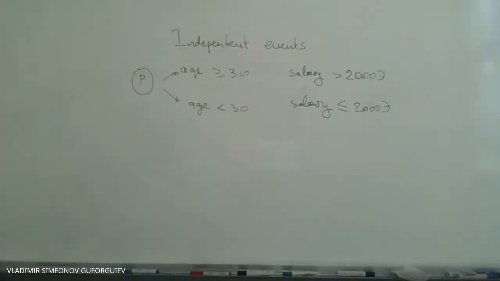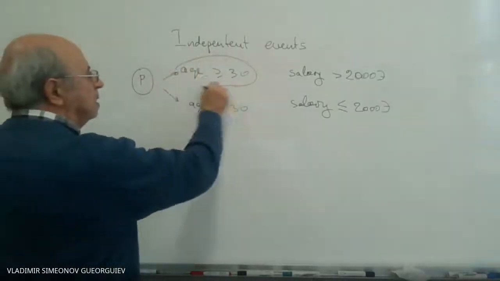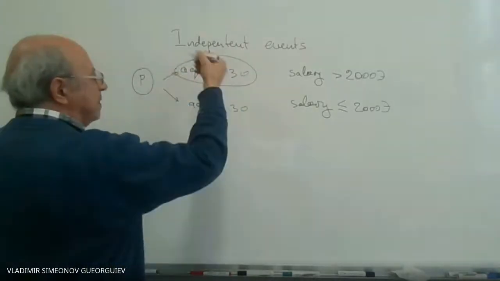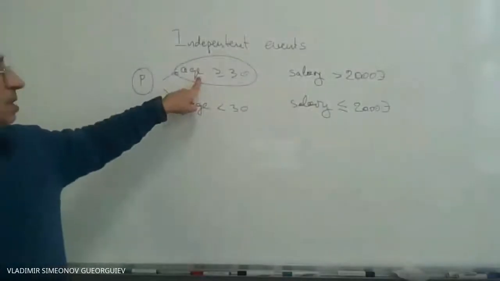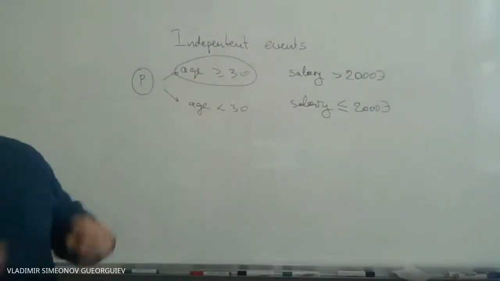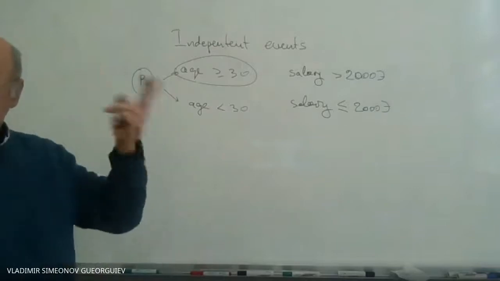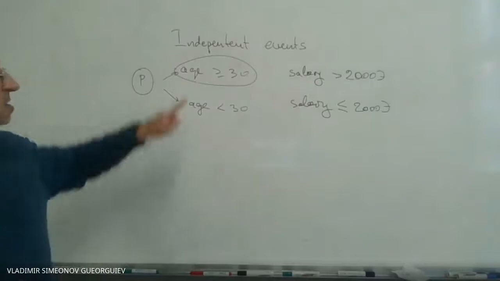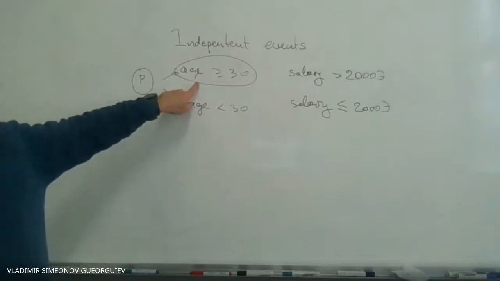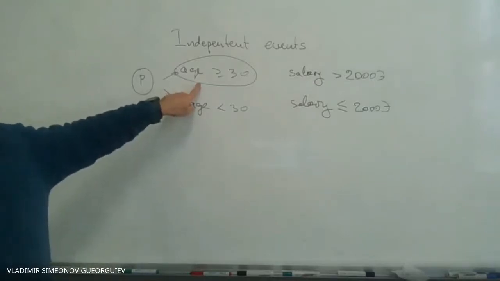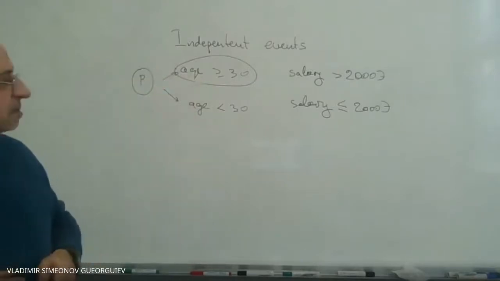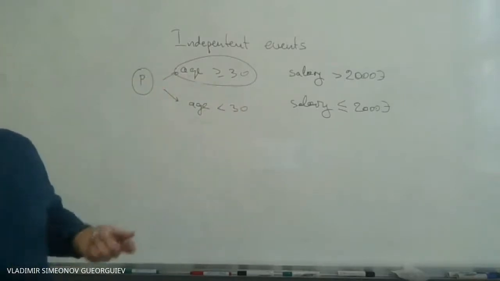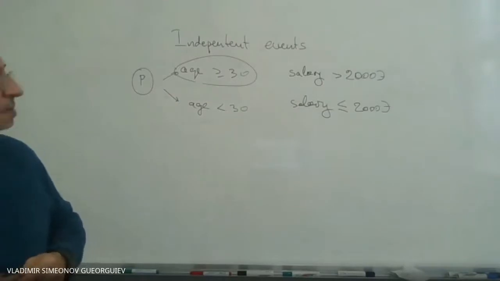Of course, here you have one event. Say this is the set of all people with age bigger than 30. We can take our group of, for example, people in a fixed city and say people with age bigger than 30. Okay, if a guy is with age bigger than 30, this is one event. If a guy is with age smaller than 30, this is another event.